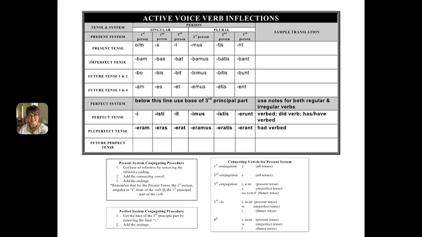It's nice that something we learn is doing double duty, just like all of our first and second declension noun endings did double duty as first and second declension adjective endings, and the same was true for most of our third declension noun endings. So the work that you did remembering eram, eras, erat, eramus, eratis, erant as the imperfect tense of to be is now put to good use by remembering that when you attach that to the base of the third principal part, you are creating the pluperfect verb tense.